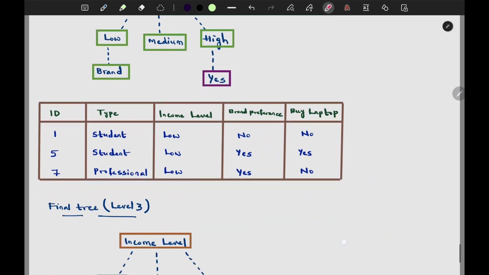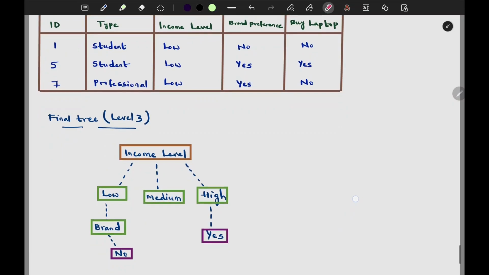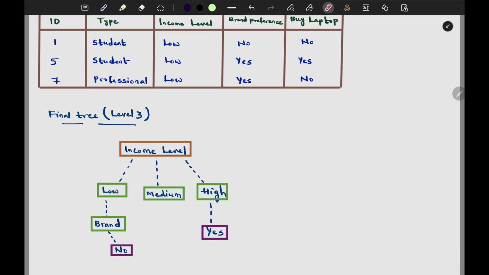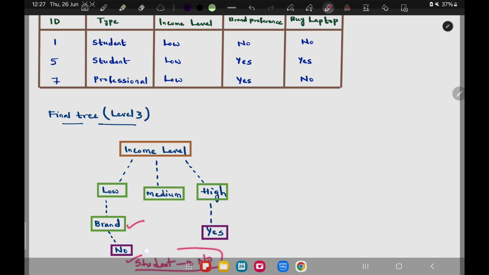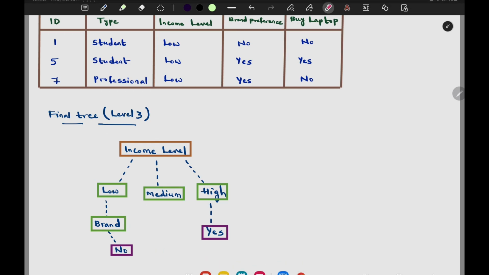So now if you see at level 3, I got another leaf node where the brand preference is no, which is nothing but a student, and they won't buy the laptop. This is for sure. But now if I have brand preference as yes, one yes will be for one student and another yes will be for a professional.